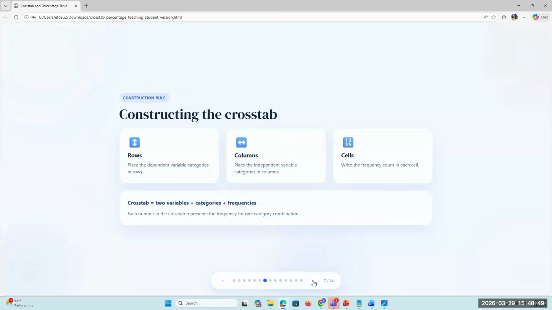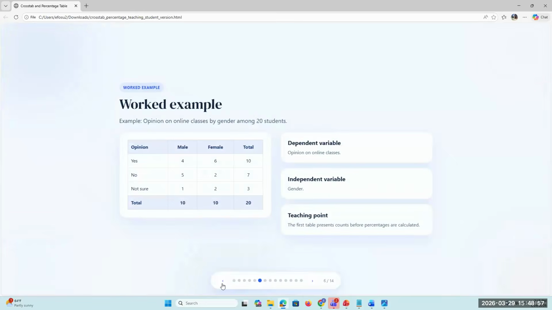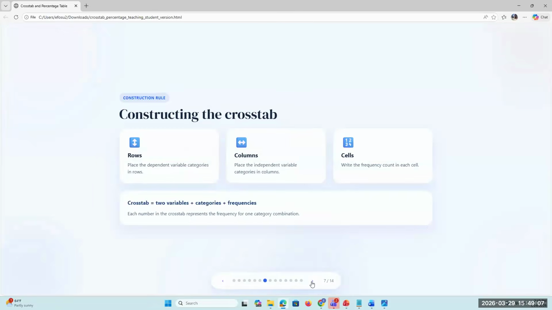Then we move to the cells, where you write the frequency count in each cell. The cells we're talking about over here are where we wrote our 4, our 6, our 5, our 2, our 1, our 2. Do you get it now? Where we wrote those values is what we call the cells, right? So the crosstab is equal to 2 variables plus categories plus frequencies.